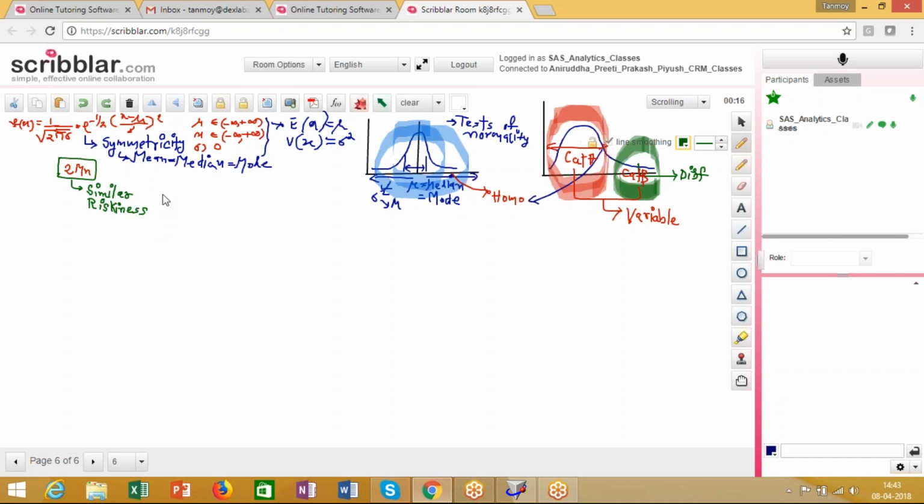If they have similar riskiness, that means more or less the behavior in terms of almost all the variables would be similar. If they are not similar in terms of riskiness, then how do we go about it?